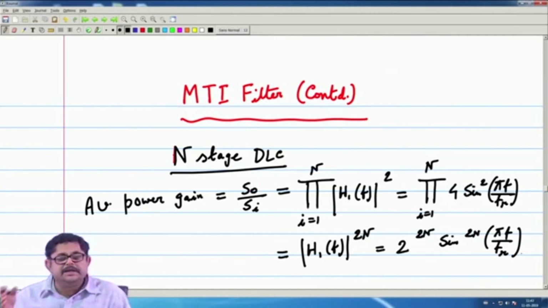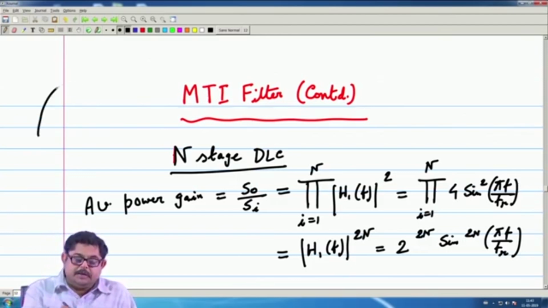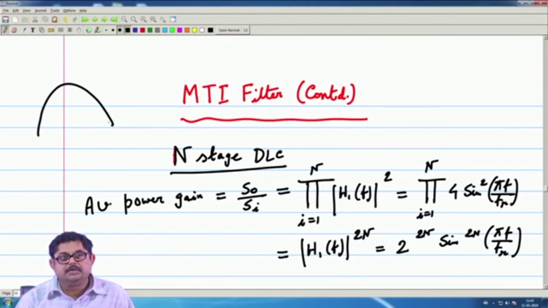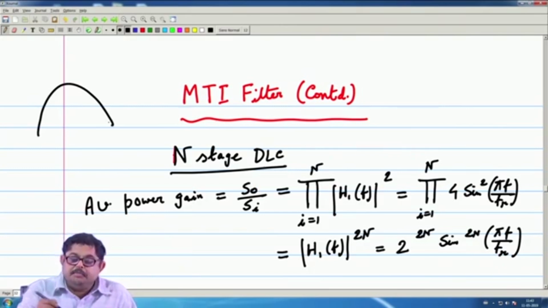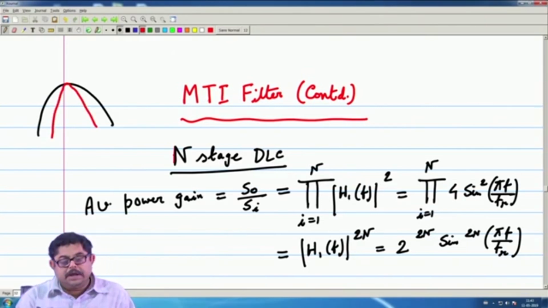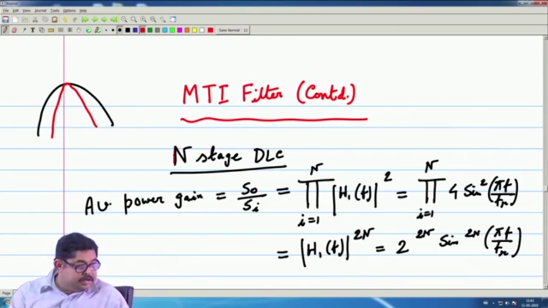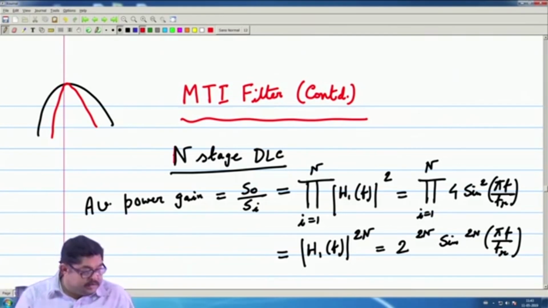So, the blind speed will not change, but what will change is the roll up near the stop band notch. Suppose one sin square is this. If I make another sin to the power 4, that will be this, so the stop band notch is getting changed. So, roll up is getting better. We can say that blind speeds are independent of the number of stages used.